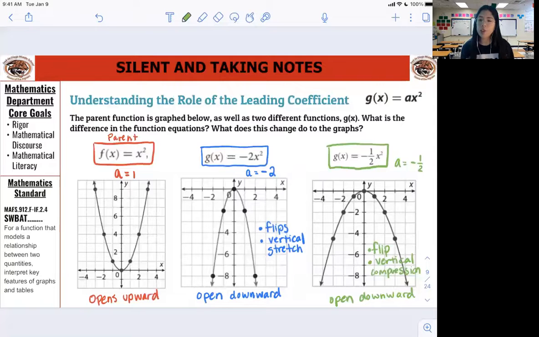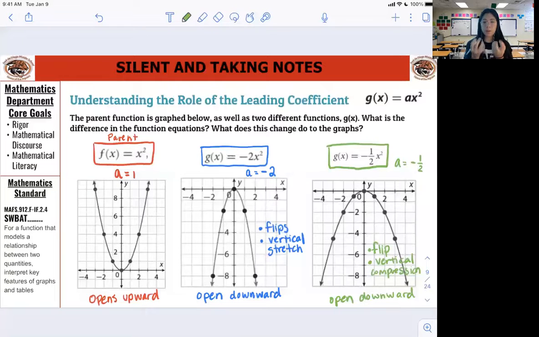Does the negative change whether it's a stretch versus a compression, or does the negative only change one little thing? Yeah. The negative sign, and I'm seeing it in the chat, all it does is flip it. The actual number, so I have a 2, a -2, and I have a 1/2, a -1/2.